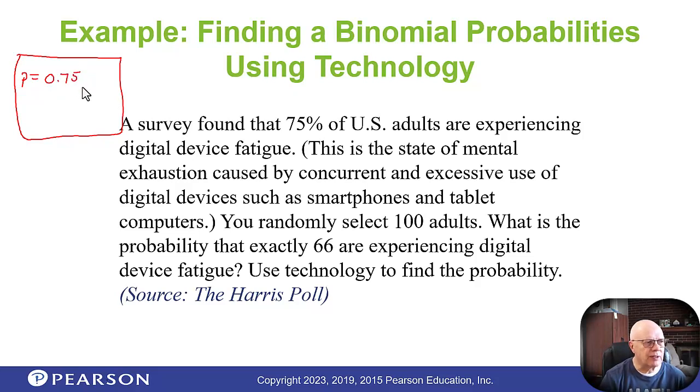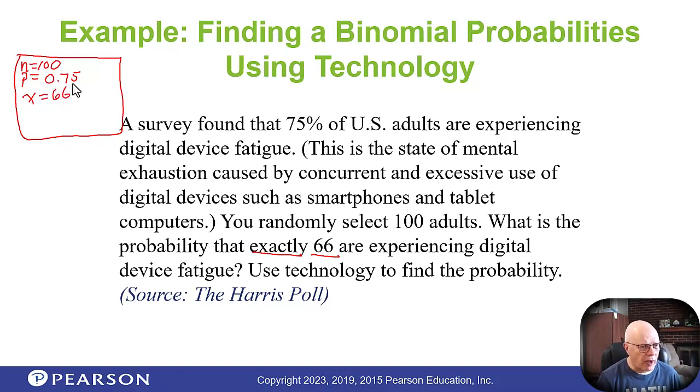Change that percent to a decimal so you can put it in your calculator. And you randomly select 100 adults. That means 100 trials. So n equals 100. What's the probability of exactly, and that's all we're doing right now, exactly 66 experience fatigue. So x is 66.